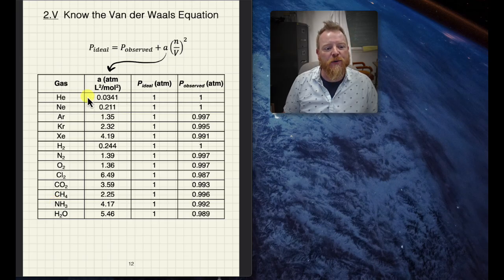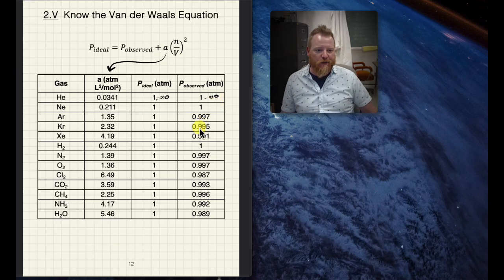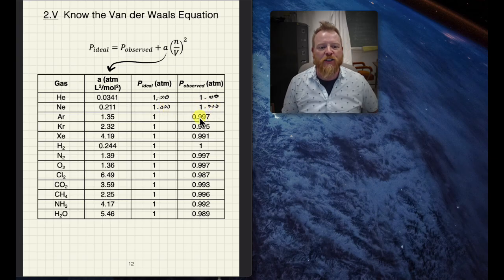So as you can see here, that A term, if we scan through, and notice when we have a very small A, it doesn't affect the pressure very much. And my sig figs went missing, so if I recall, there was supposed to be 3 decimal places there. And so you can see with neon to 3 decimal places, we don't see much of a change.